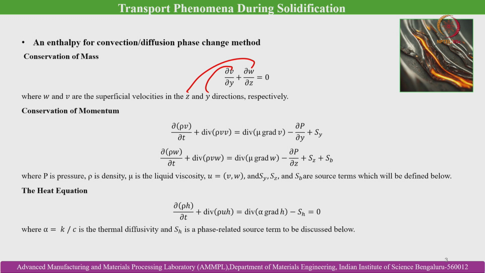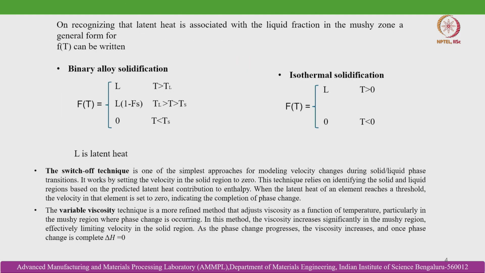Here alpha is equal to k by c, alpha is the thermal diffusivity, k is the thermal conductivity, and c is the heat capacity, and sh is a phase related source term that will be discussed later.